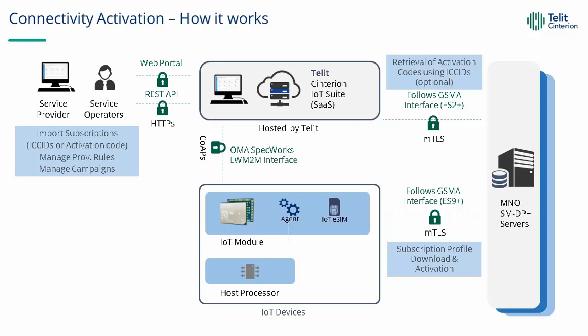I believe you all have your mobile network partner. So you purchase all those activation codes and then use the web portal or the RESTful API to load all those subscriptions into our platform. Definitely this is hosted on the cloud, so we will protect all the data.